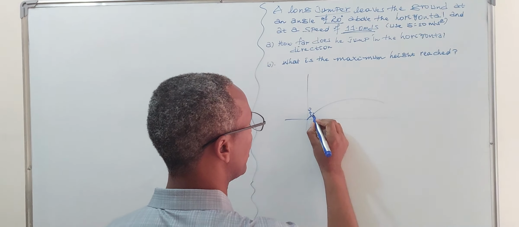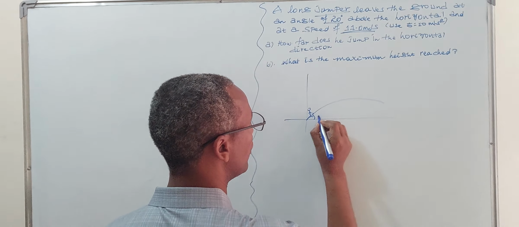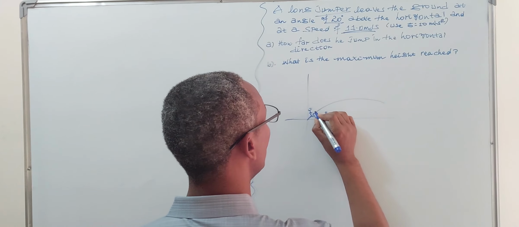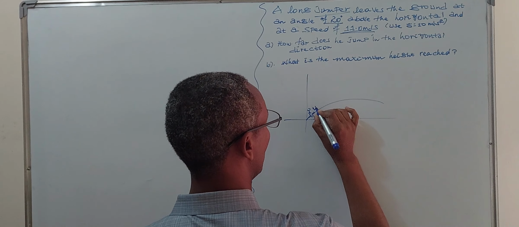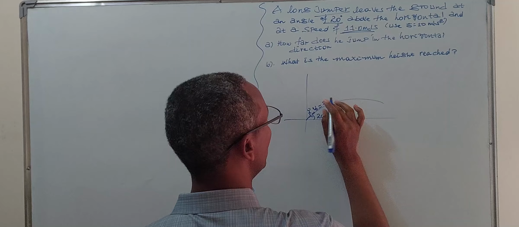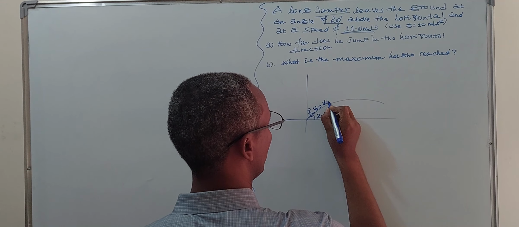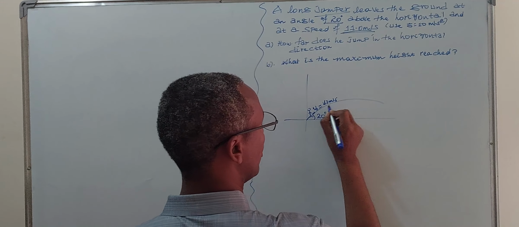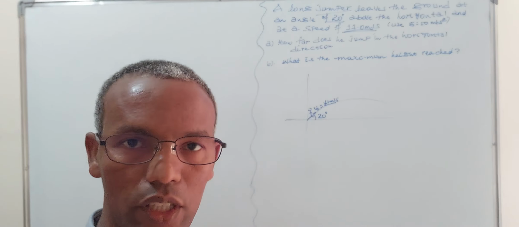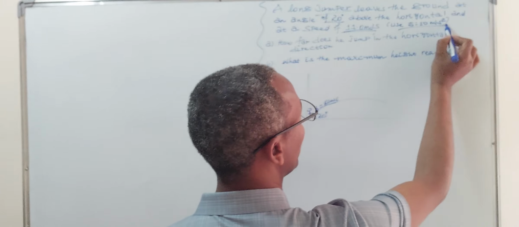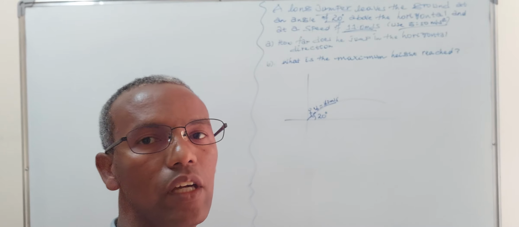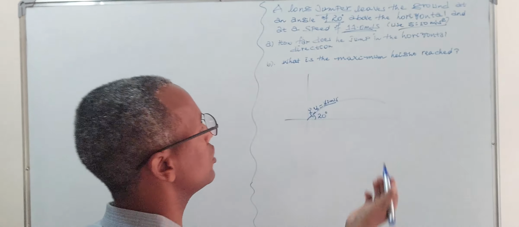He jumped with an angle of 20 degrees as well as an initial velocity, which is the launch velocity, equal to 11 meters per second. Those are the given terms, as well as the acceleration due to gravity.